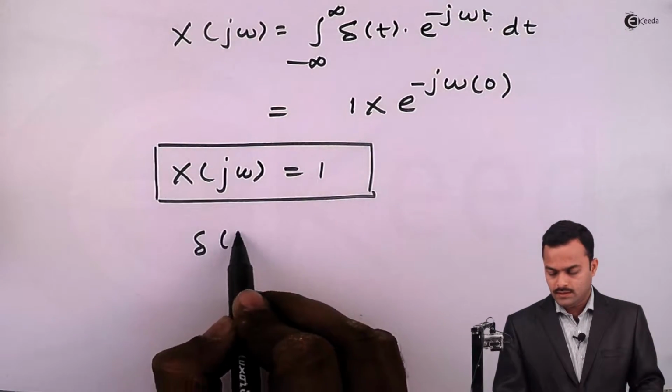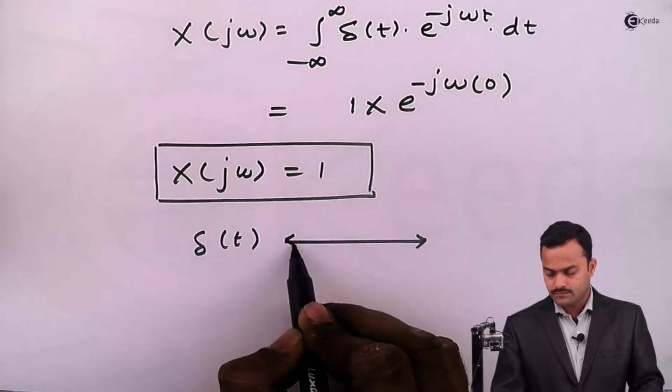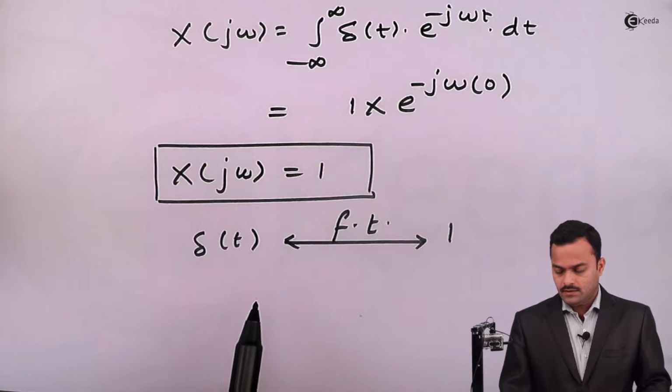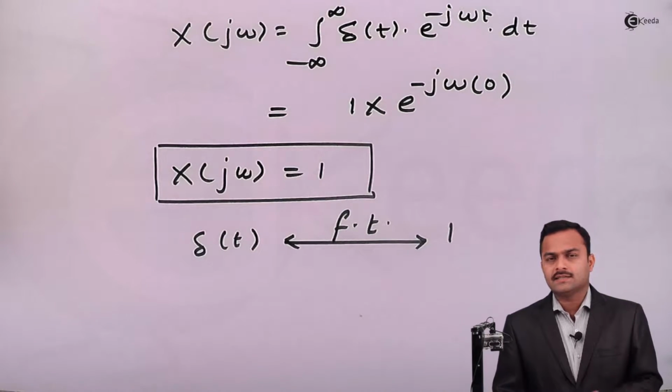So the delta t Fourier transform will be 1, and moreover it's a constant, it has a value 1 irrespective of the frequency.